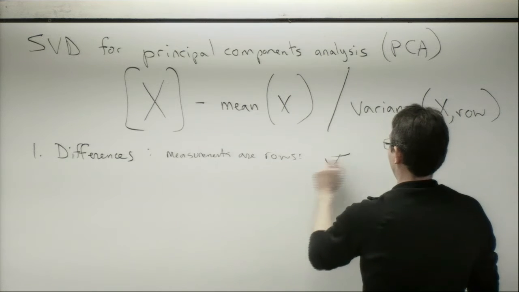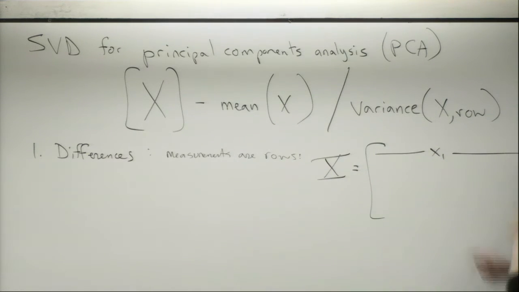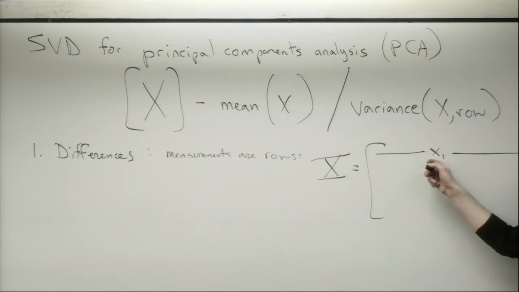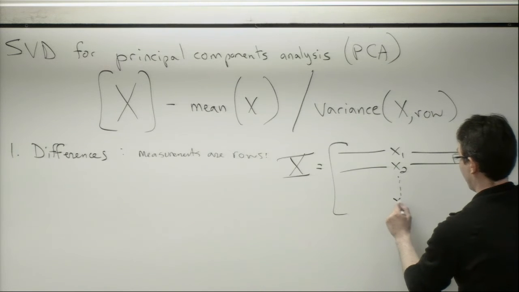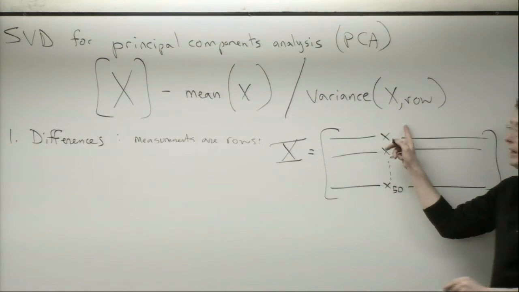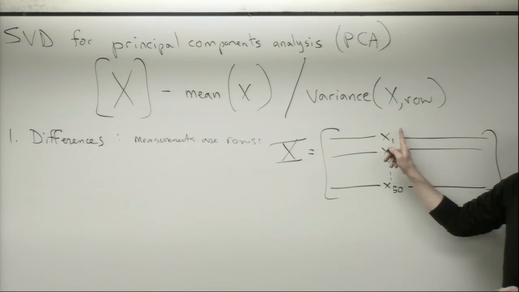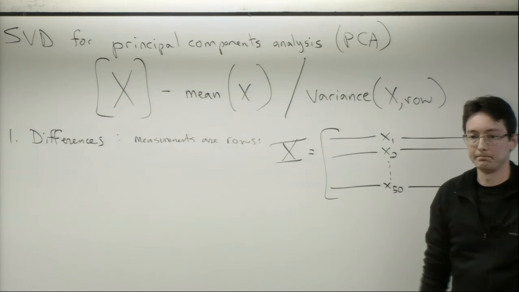Now my X is going to look like: measurement 1, all of the genes for person 1, all of the genes for person 2, up to all of the genes for person 50. So this would be like a 50 by 40,000 matrix. Super simple difference. All I'm doing is transposing it.